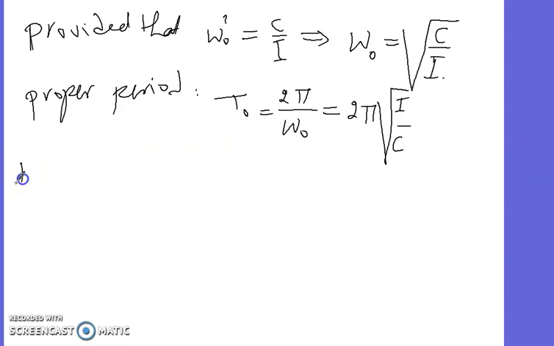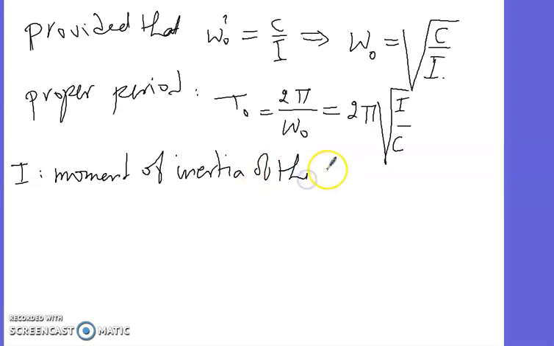I, moment of inertia. Clear? Of the rigid body, which may consist of a disk, a rod plus particle, etc., rod plus disk, etc. So moment of inertia of the rigid body or system. Clear? And C is the constant of the wire.